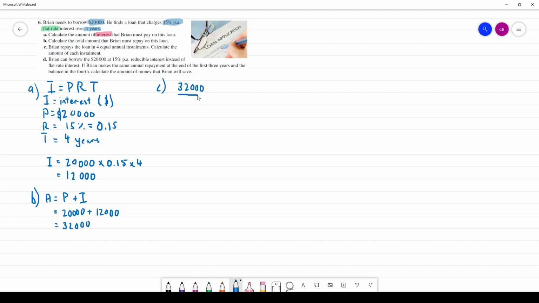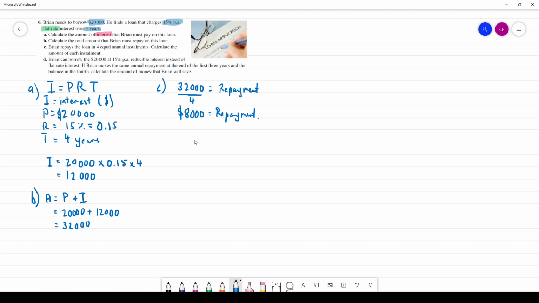So we just need to divide this by 4. And that will be the repayments. And if you grab your calculators, 32,000 divided by 4, that's just $8,000. And that will be the repayment.